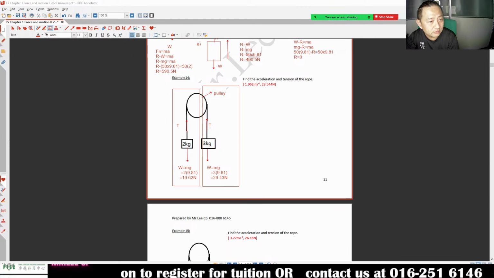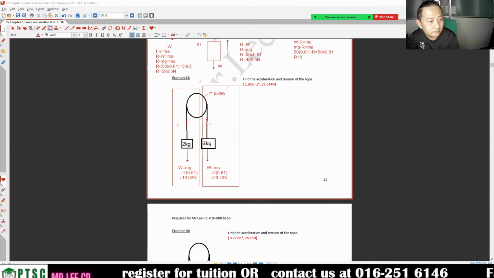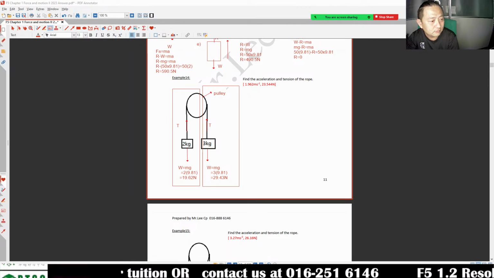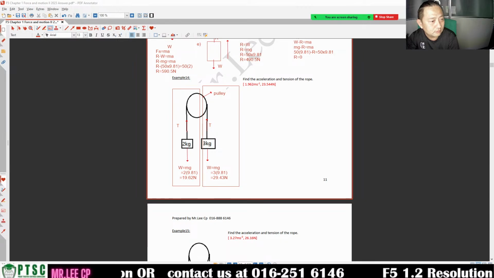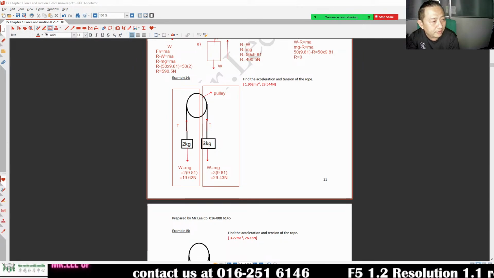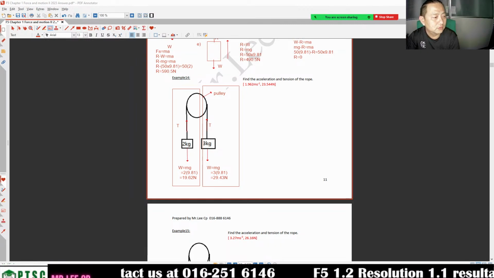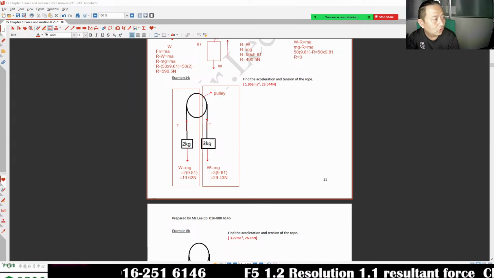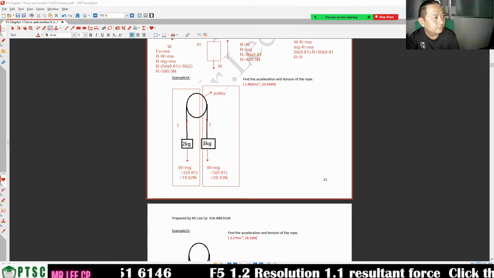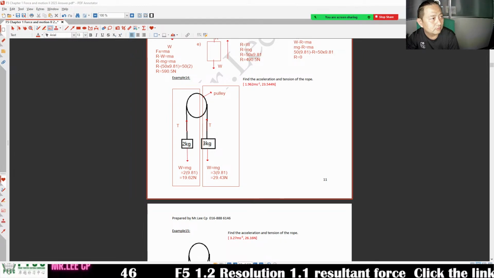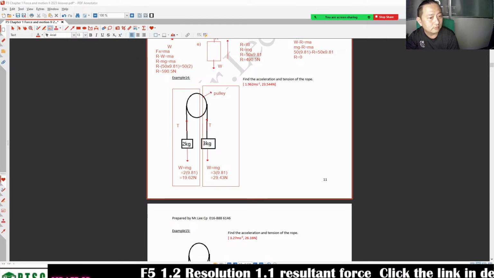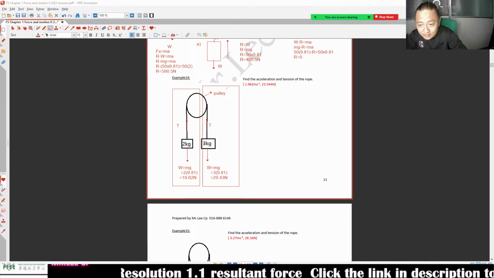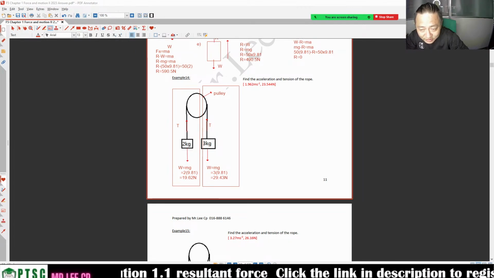Go up or go down? Hello? Up or down? This one, the left hand side box here, go up or go down?